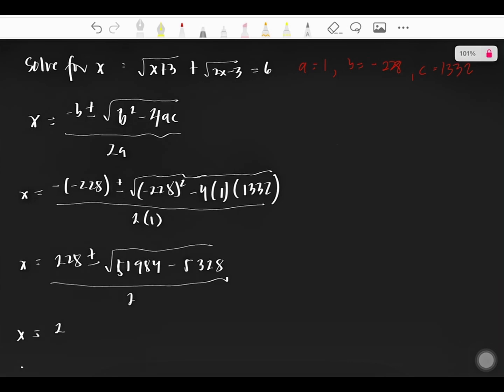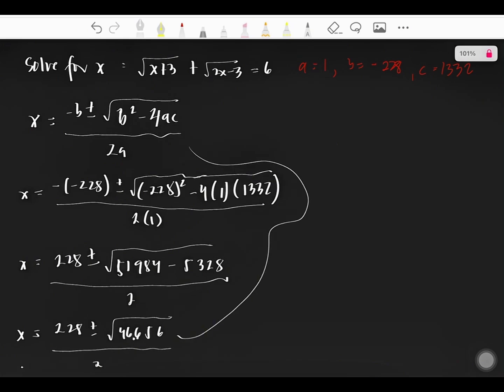So now we get 228 plus or minus square root of 46,656 all over 2. From there we can simplify our square root of 46,656, which is 216. So now we have x is equal to 228 plus or minus 216 all over 2.